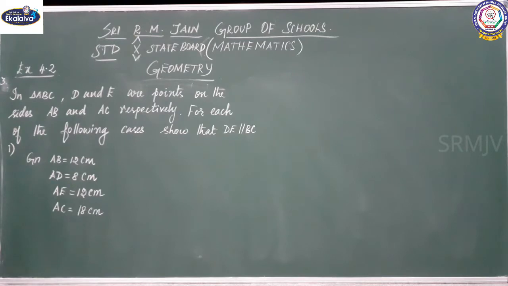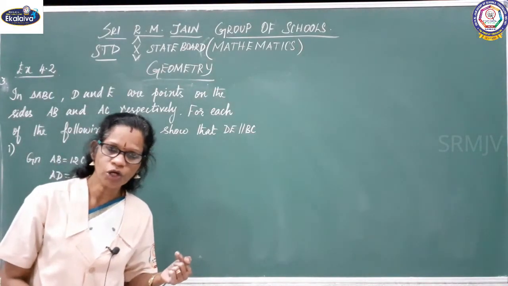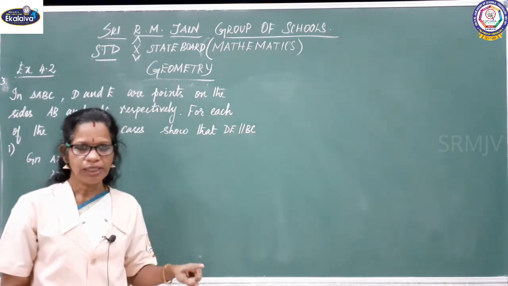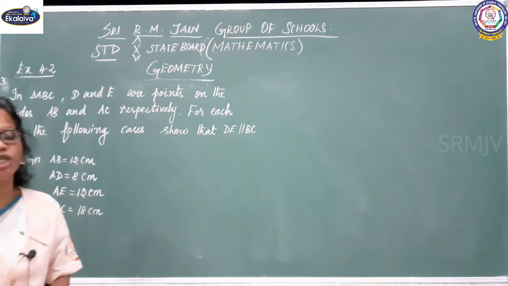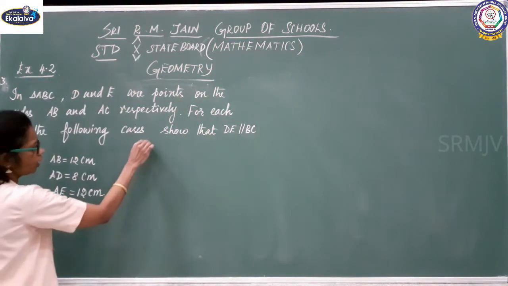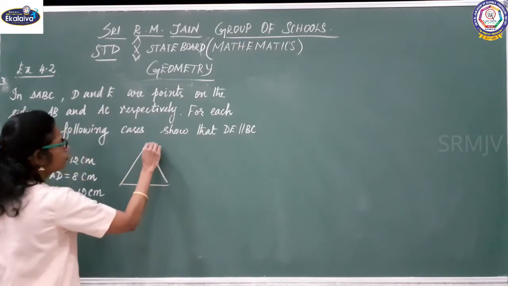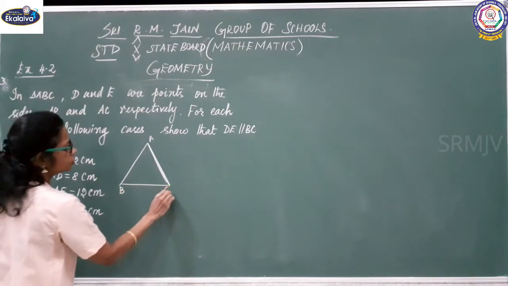This is the first subdivision. In triangle ABC, you want to prove DE parallel to BC. If you want to prove DE parallel to BC, it means the ratios are equal, you want to prove. First you should take a triangle ABC.